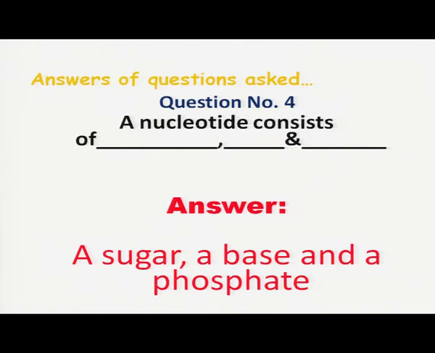We have learned already that the sugar is a pentose sugar, that is ribose and deoxyribose, the nitrogenous base is either purine or pyrimidine, and phosphate we have already discussed, that is phosphoric acid. So, the nucleotide consists of sugar, nitrogenous base and phosphate.